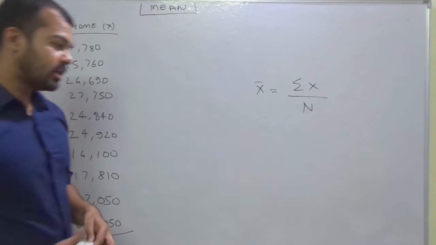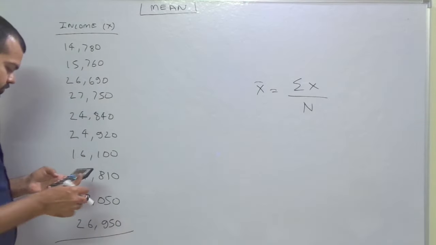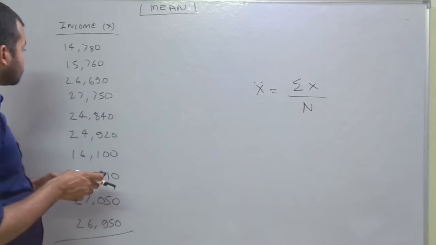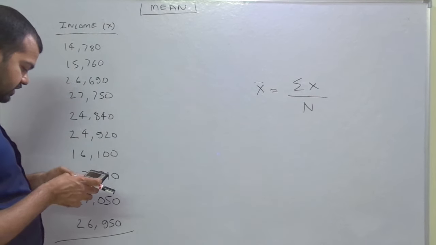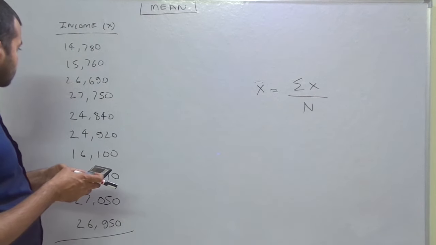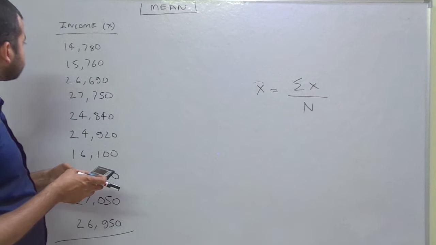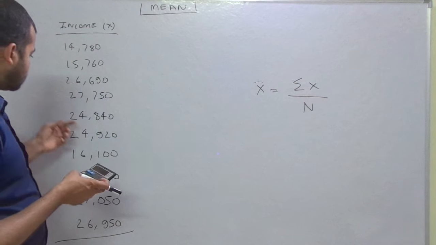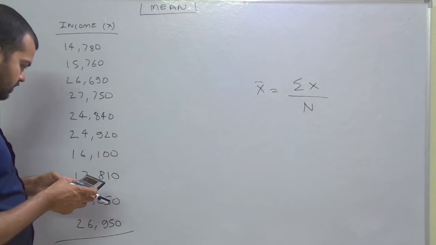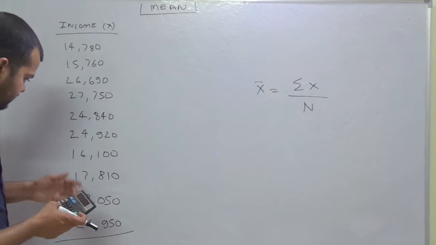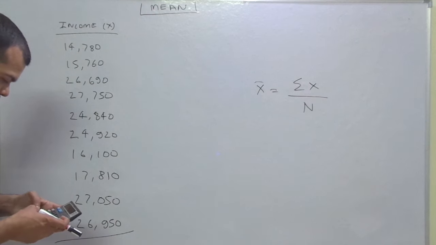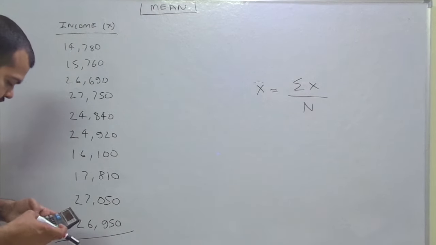When you get the total with the help of a calculator: 14780 plus 15760 plus 26690 plus 27750 plus 24840 plus 24920 plus 16100 plus 17810 plus 27050 plus 26950.